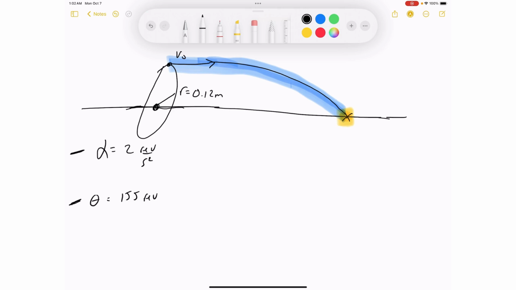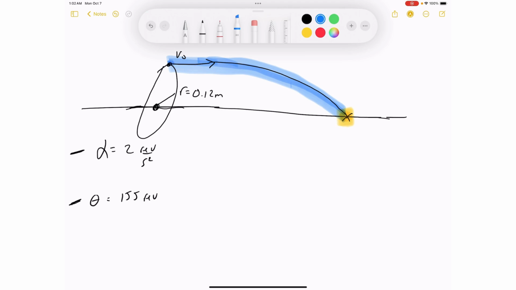Remember, it started at zero speed, no velocity, and then it's going to accelerate. The more it spins, the faster and faster it goes. Once it's gone 155 revolutions, a piece on it is going to break off, and that's this top piece up here.